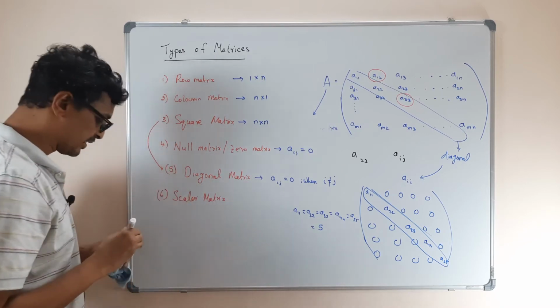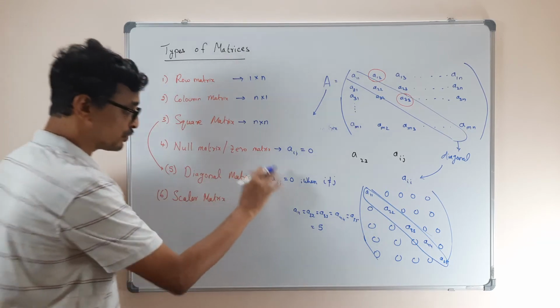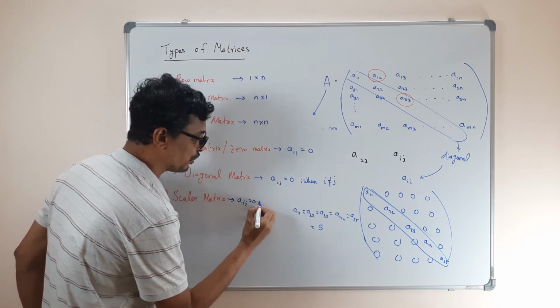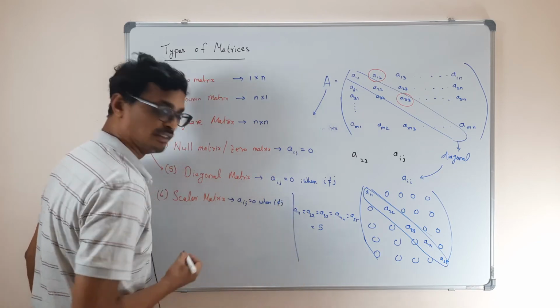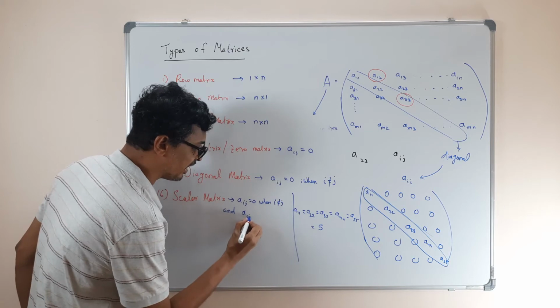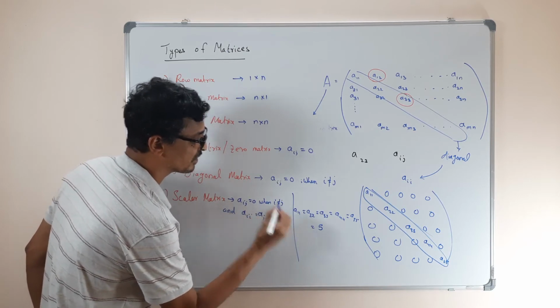So the scalar matrix definition, how do you write it? First of all, this will come for sure: A of ij is equal to 0 when i is not equal to j. Okay, and A of ii equal to A of jj, i is not equal to j.